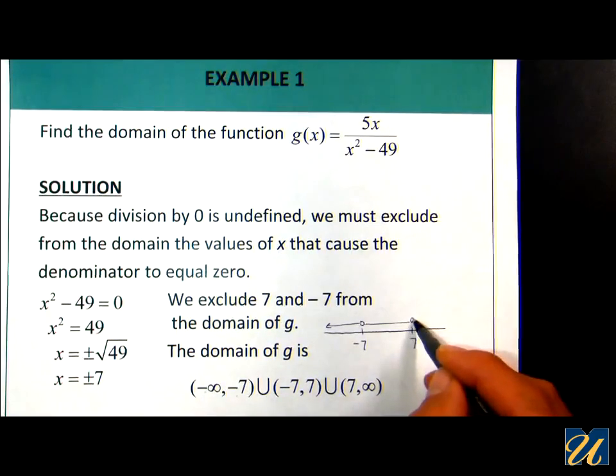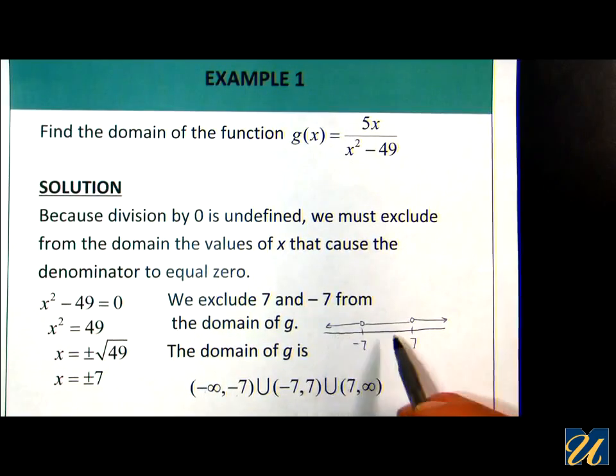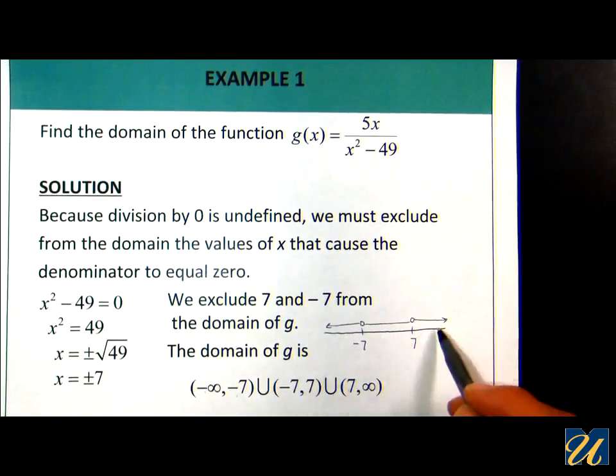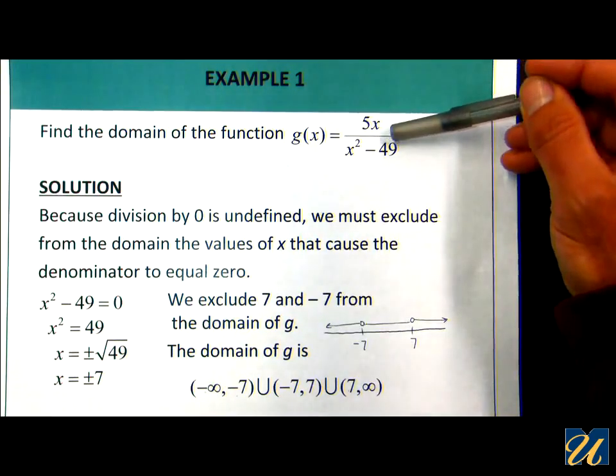And then we can also use anything that's greater than 7, which is this interval right here, not including 7, to the right forever. The U represents union, which means put all three of those pieces together. This interval included with this interval, included with that interval, that's the union. And all of this are the allowable values of x that would make the original function properly defined.